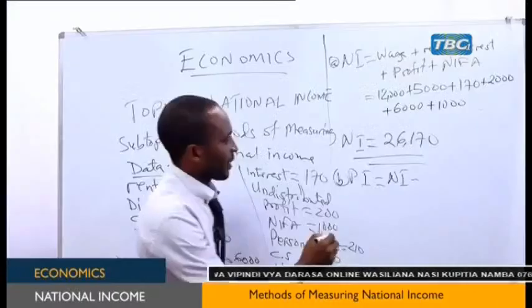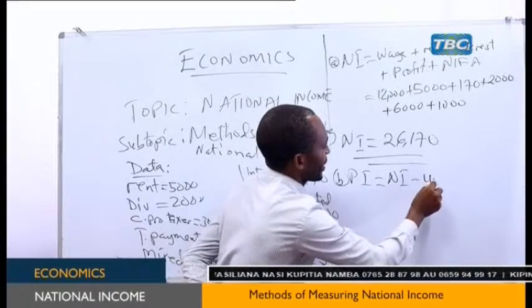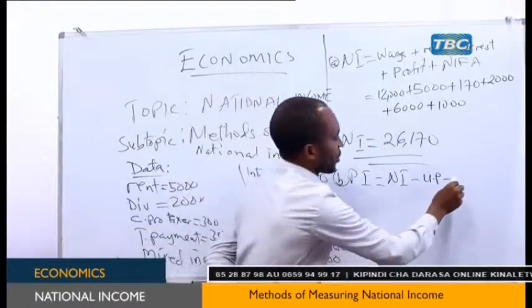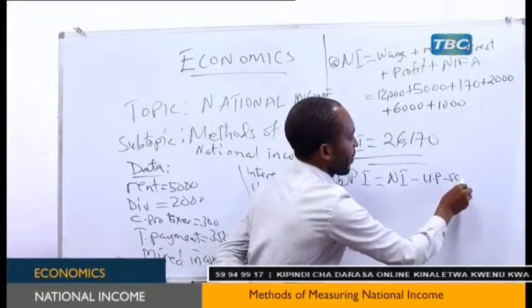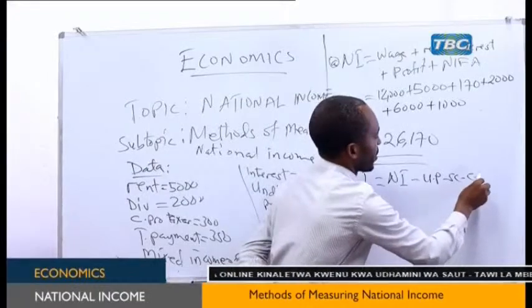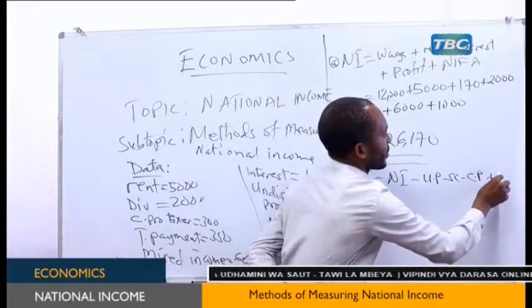So here you will subtract the undistributed profit, then you subtract social security scheme, then you subtract the corporate profit taxes, then you add the transfer payments.